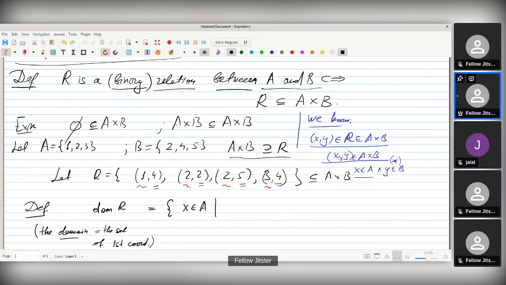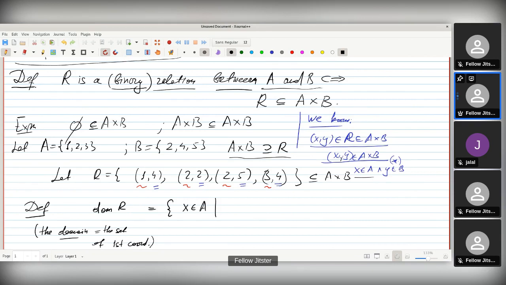The most obvious idea here is as follows. Let me say that there exists a pair from R where X is its first coordinate.